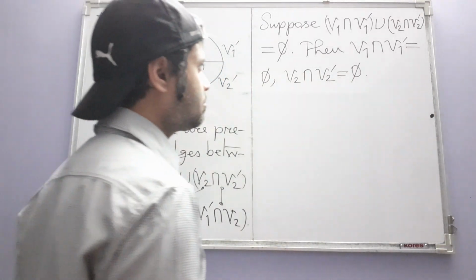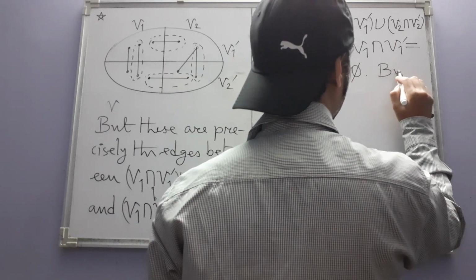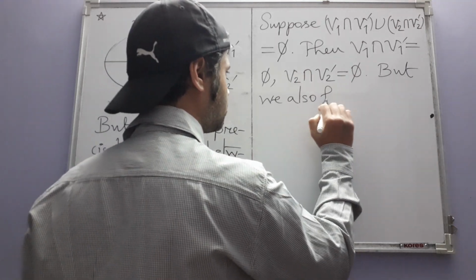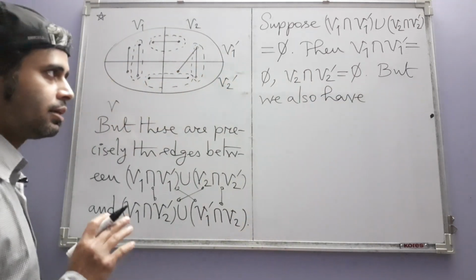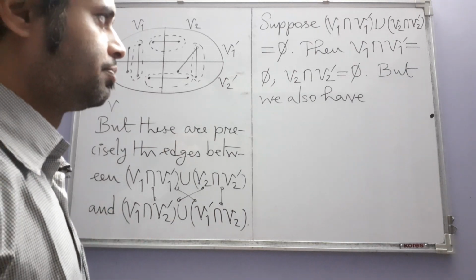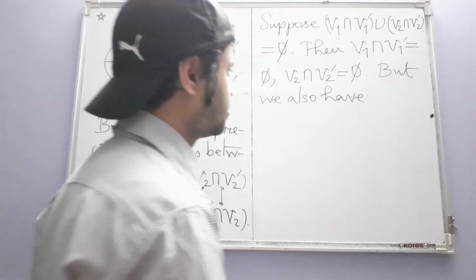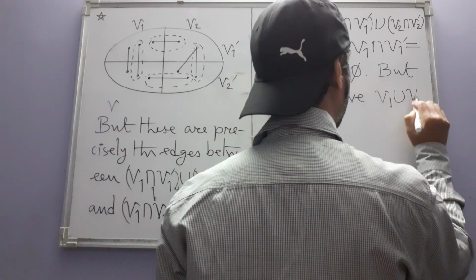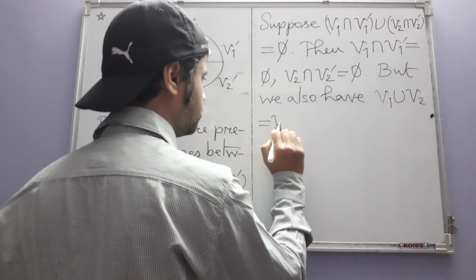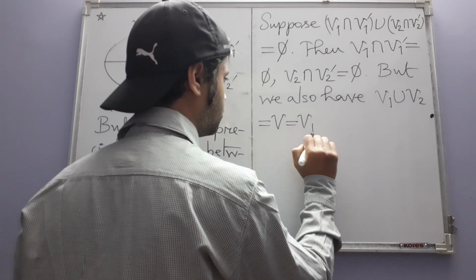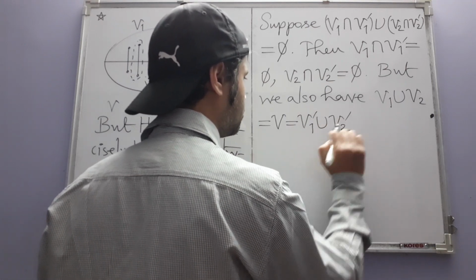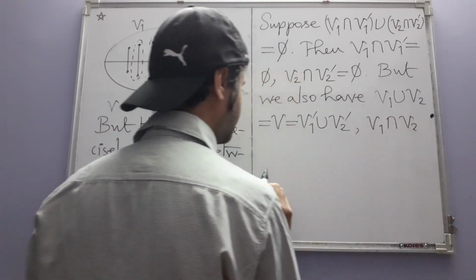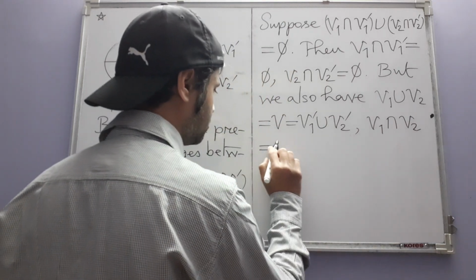But we also have, keep in mind that V1 and V2 form a partition of V, and so do V1 prime and V2 prime. So we additionally have these things: V1 union V2 is equal to V, which is equal to V1 prime union V2 prime, and also that these intersections are empty.